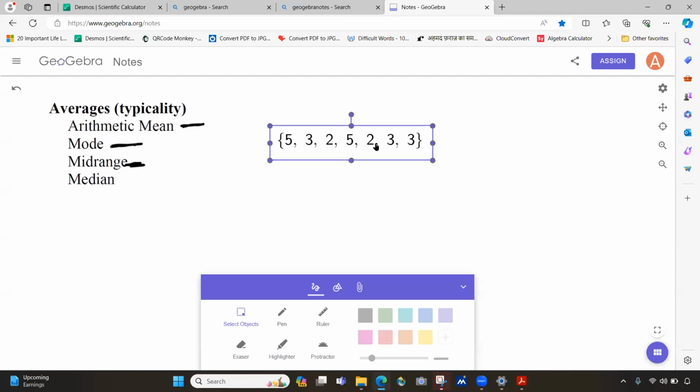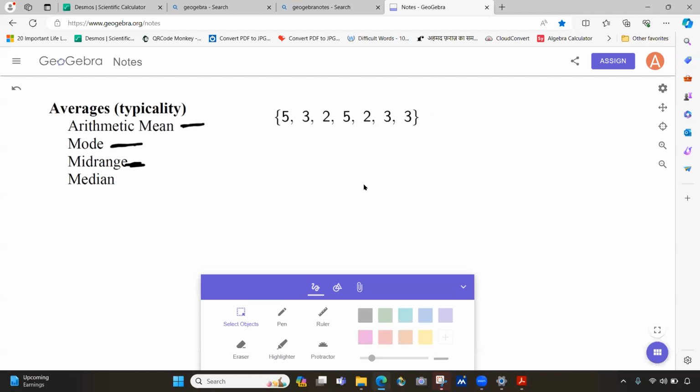If I am considering this data set, you need to find the highest number and the lowest number. Basically, to find the mid-range, you first determine the highest number, then you determine the lowest number, then you add them up and you divide the answer by 2.